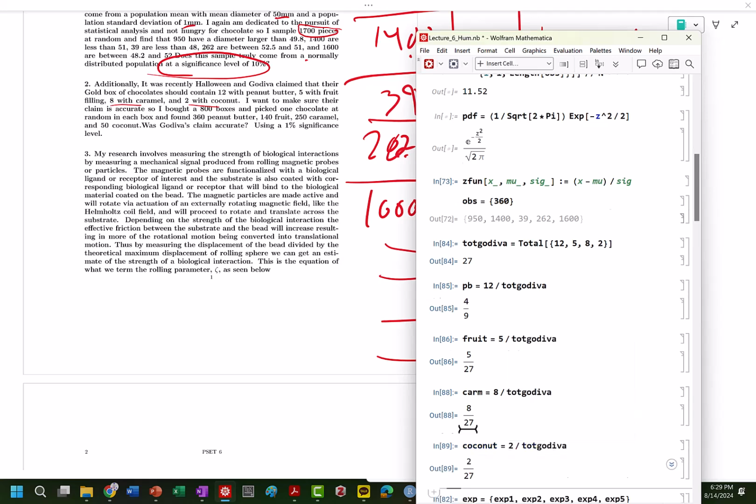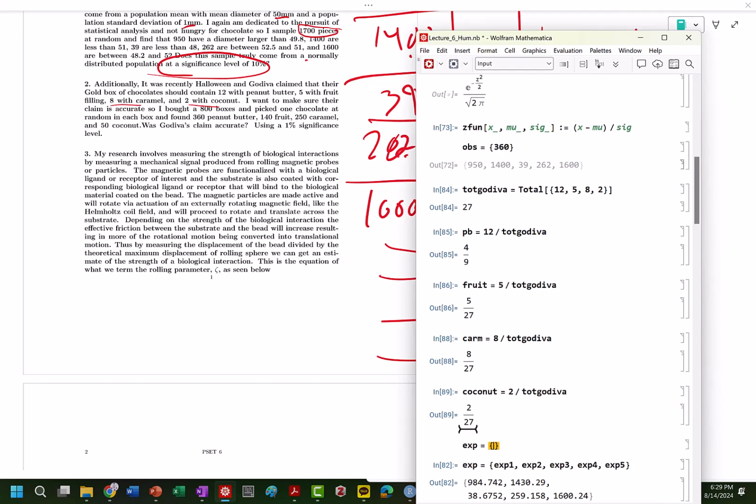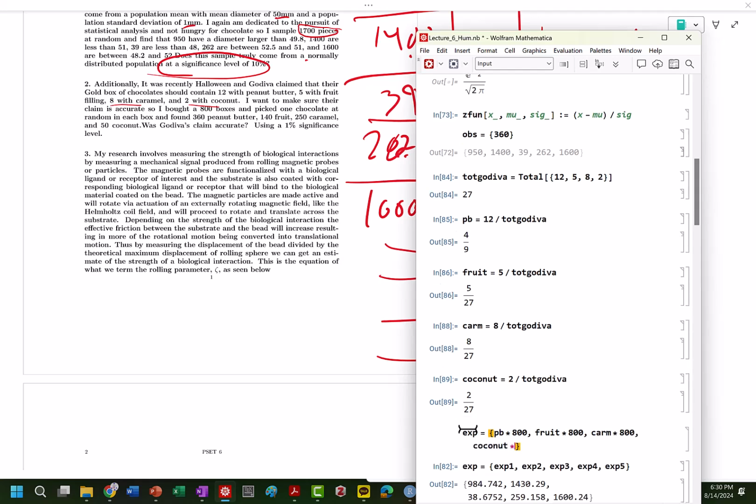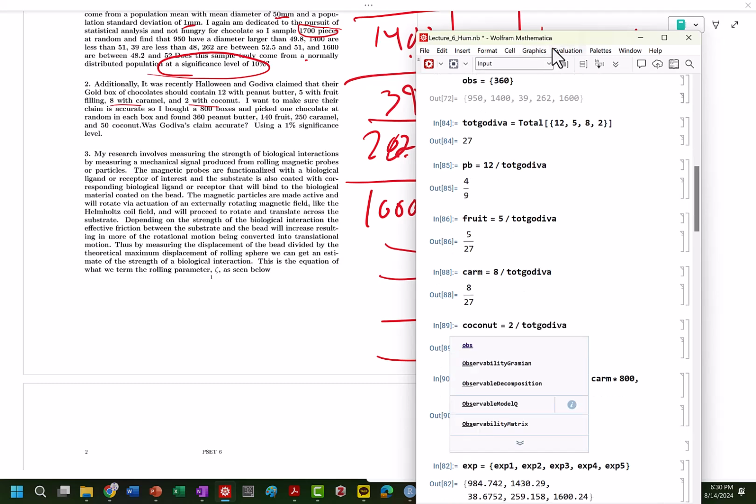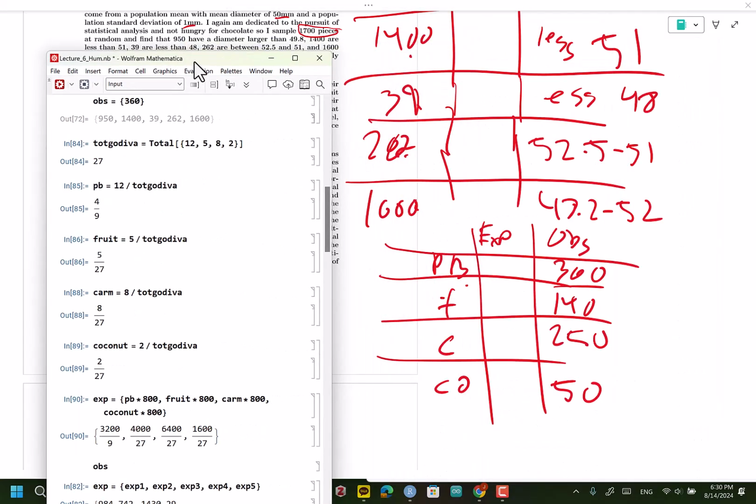So my expected values should be equal to, and I'm going to keep this in the same order, PB times 800, because that's the number of samples that I did. Fruit times 800, caramel times 800, and coconut times 800. My observed are those values that we wrote down here: 360, 140, 250, 50.